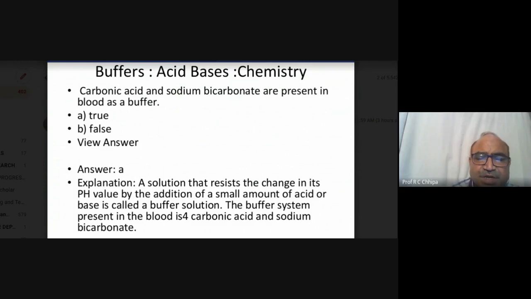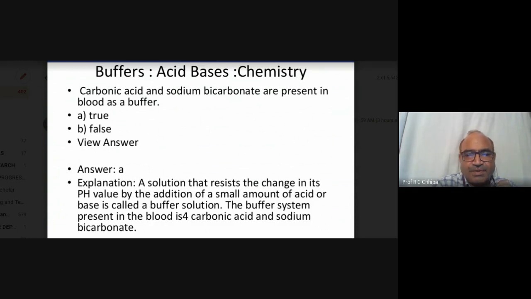So, what is the meaning of carbonic acid? What is the chemical formula of carbonic acid? Anyone can suggest it. Here carbon dioxide combined with water gives H2CO3: CO2 plus H2O.